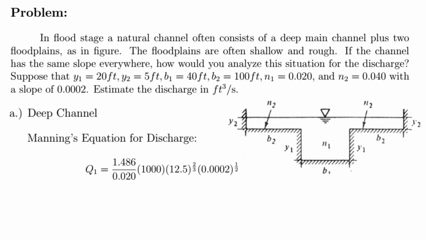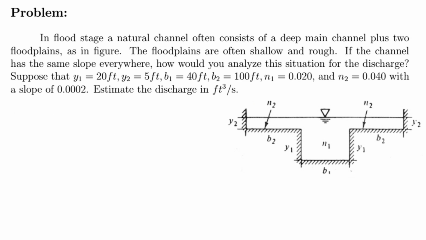Manning's equation is 1.486 over n, where n is 0.020, and the area of 1,000 square feet multiplied by the hydraulic radius of 12.5 raised to 2/3 and slope of 0.0002 raised to 1/2. If we compute, the discharge is 5,659.5 cubic feet per second.